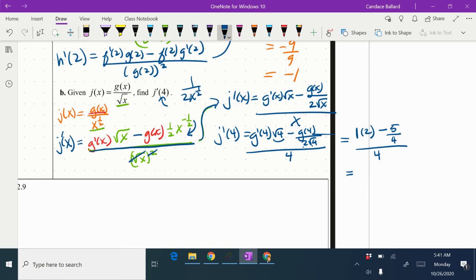So we're basically down to arithmetic and a little bit of simple algebra here. So 2 times 1 is 2, minus 5/4 all over 4.